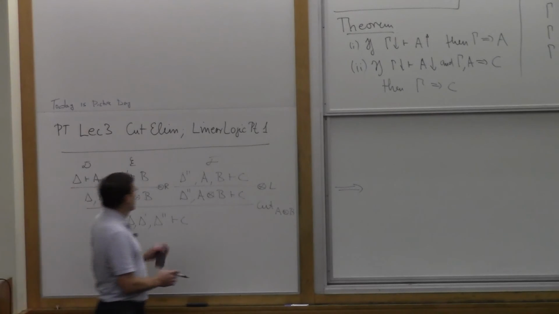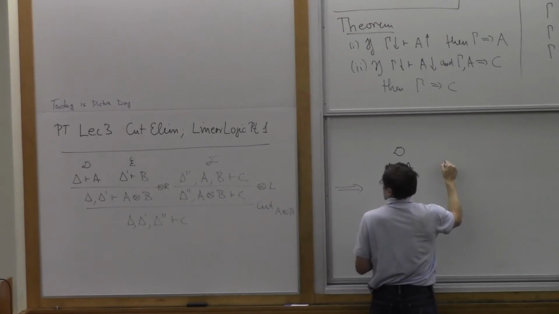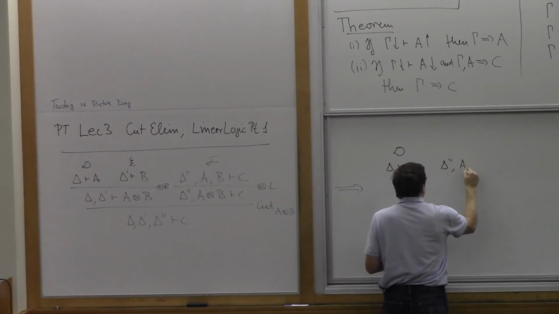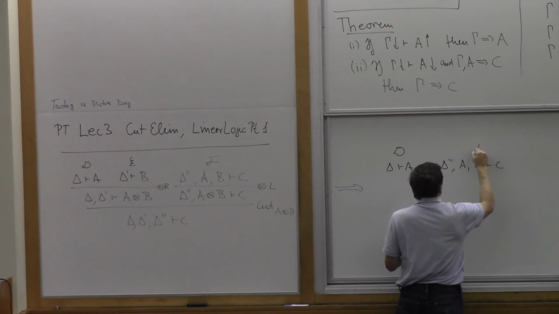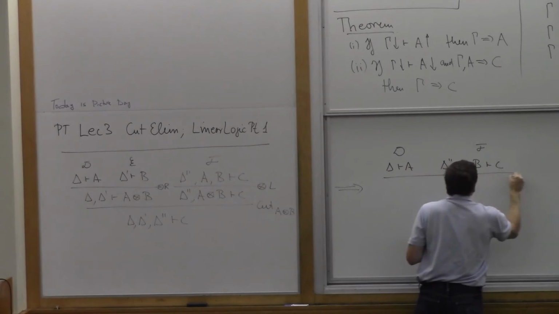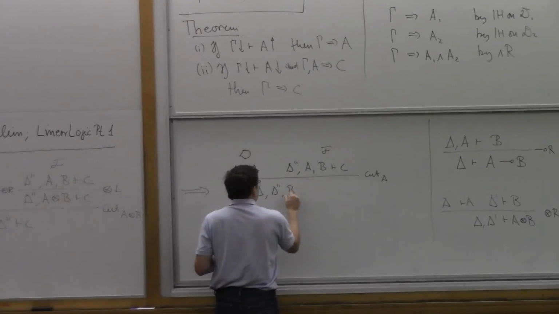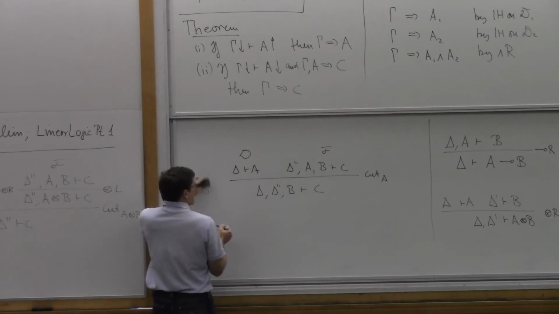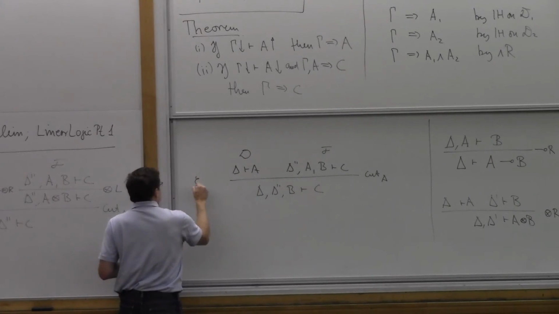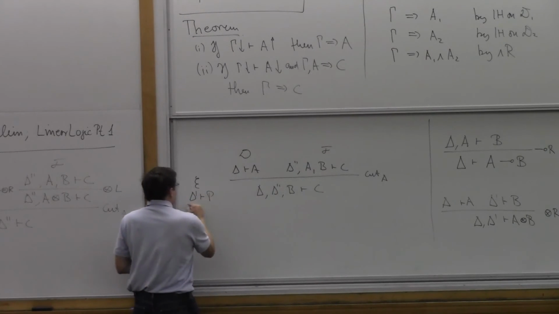Okay, so the way we're going to rewrite this is we're going to take D with delta proves A, and cut this with delta double prime, A and B proves C, with F. This is a cut, and the cut formula is just A. And we get delta, delta double prime, and B proves C. And then we cut this with E, which is delta prime proves B. We apply another cut.